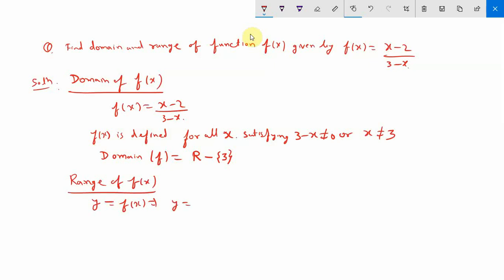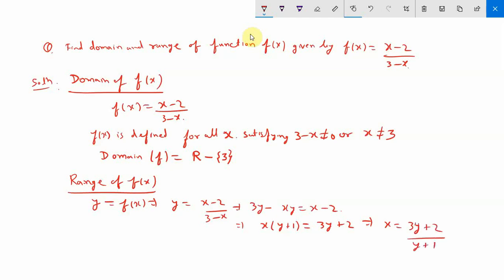So y equal to (x minus 2) by (3 minus x), or this we can write 3y minus xy equal to x minus 2. Then x we will bring on one side, so x into (y plus 1) will be equal to 3y plus 2, and from this we will get x equal to (3y plus 2) by (y plus 1).